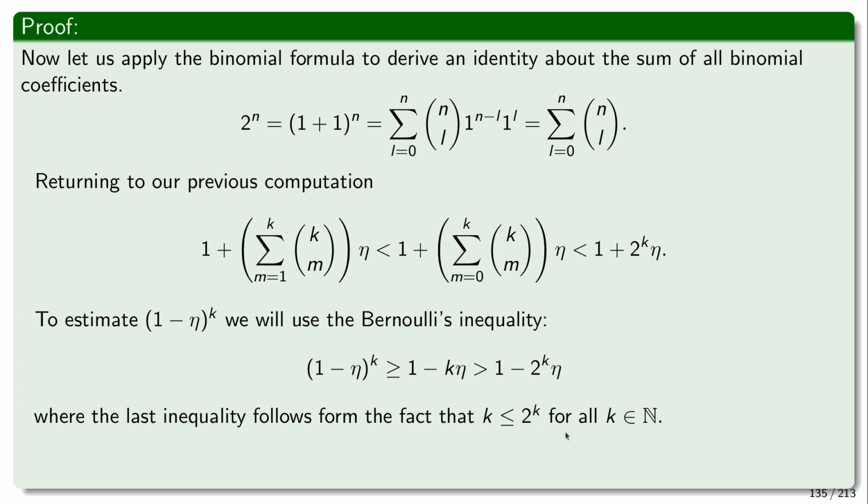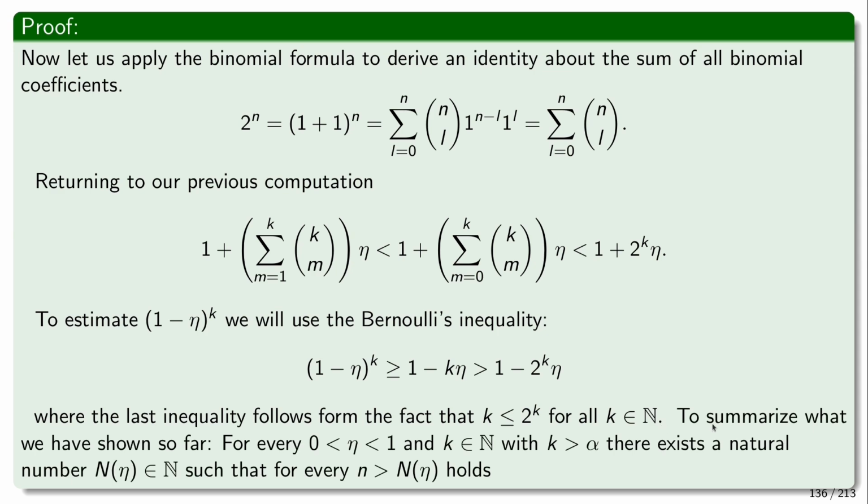yeah, we have used this inequality, and now let's make a quick summary of what we have. We have that for every eta between 0 and 1 here, and natural k, which is greater than alpha. And if you forgot, alpha is the real exponent. Remember that we want to prove that a_n to the power of alpha converges to 1 whenever a_n converges to 1, and a_n is a real sequence.